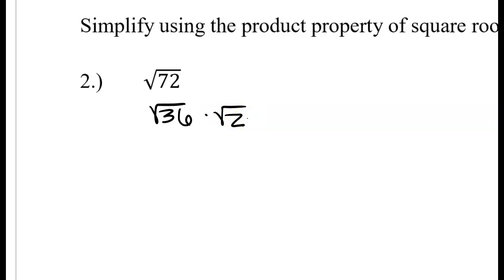Now, what I need to do is take the square root of the perfect square. The perfect square is 36. When you take the square root of 36, that just becomes 6. So my final answer when simplifying the square root is 6 square root 2. Okay, and that's how you simplify square roots.